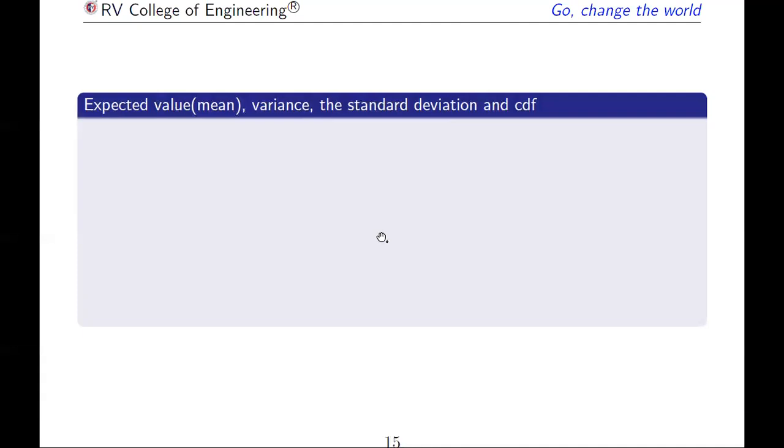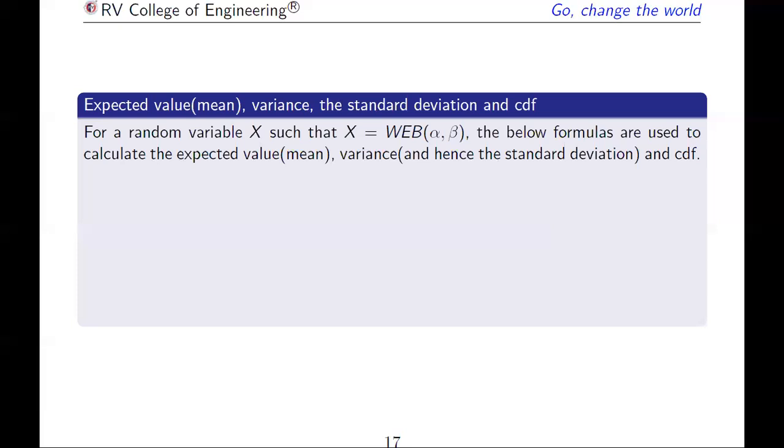Here we will look at how to find the mean, variance, as well as the standard deviation and the cumulative distribution function of the Weibull distribution. For the Weibull distribution X with parameters alpha and beta, the expected value or the mean is calculated using the formula beta gamma of 1 plus 1 by alpha.